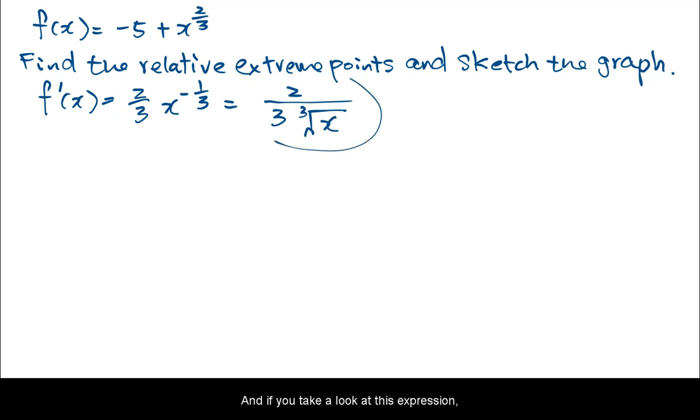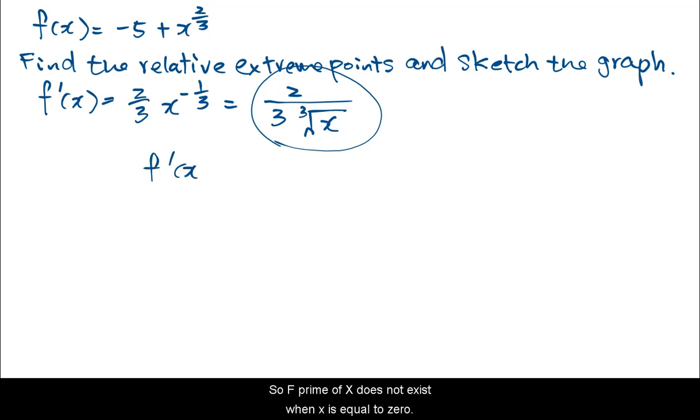If you take a look at this expression, it will never equal 0 because the numerator is not 0. And the bottom can be 0, so that will make f prime of x undefined. So f prime of x does not exist when x is equal to 0.